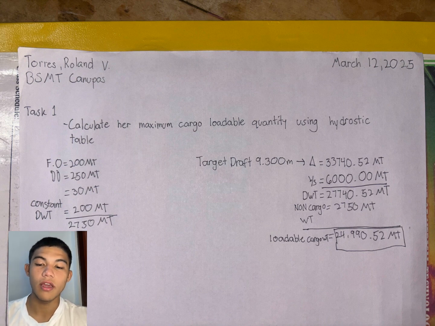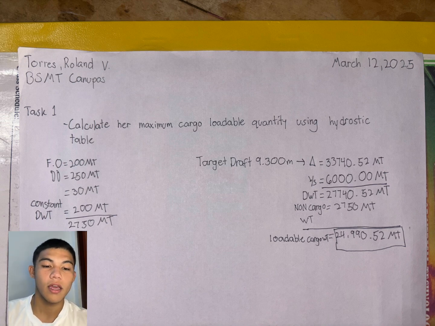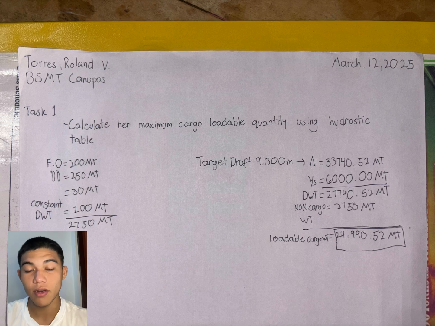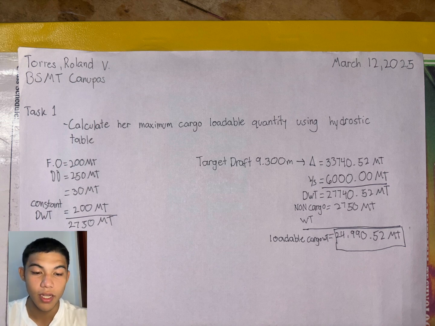So the result will be 2,750 metric tons. And going back, 27,740.52 metric tons minus the non-cargo weight equivalent, so the answer on the first task, which is 24,990.52 metric tons.